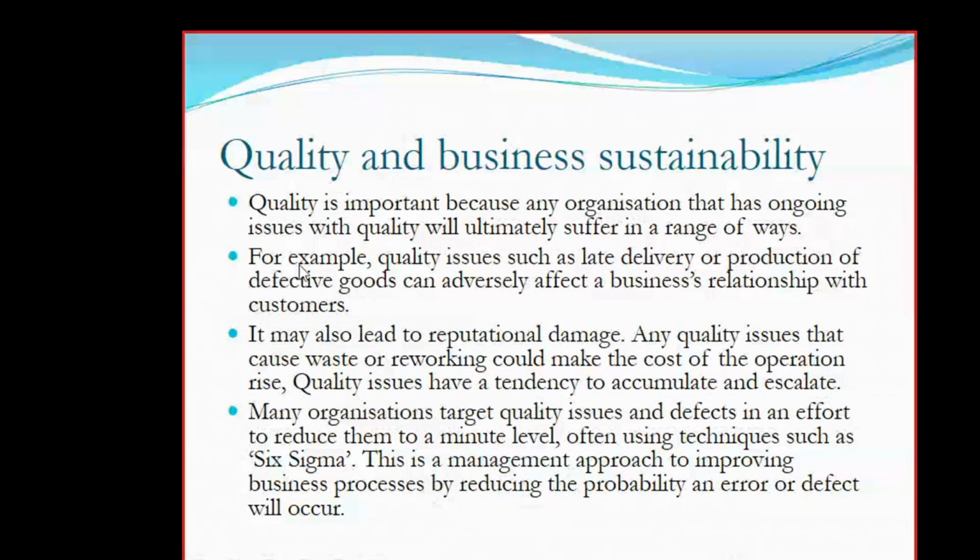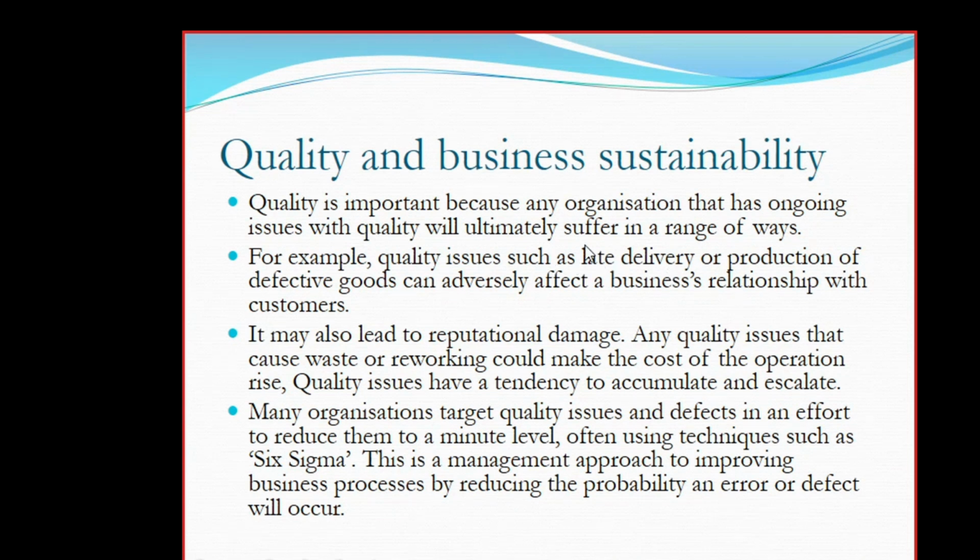So examples of low quality issues, such as late deliveries. How do you decide it's late? It's the expectation of the customer. It's how much you told the customer his or her order will be ready or will be delivered on.